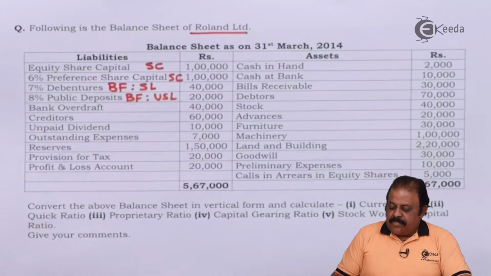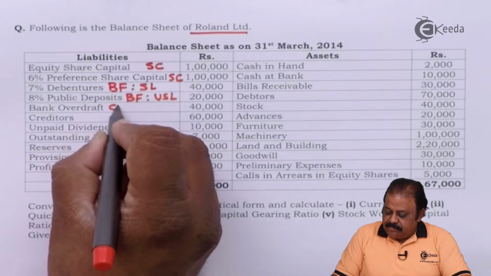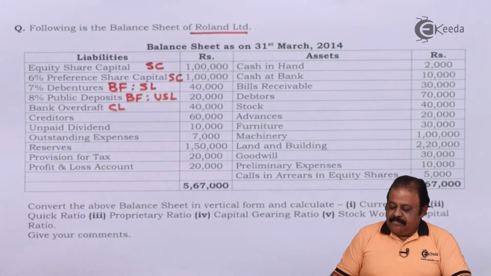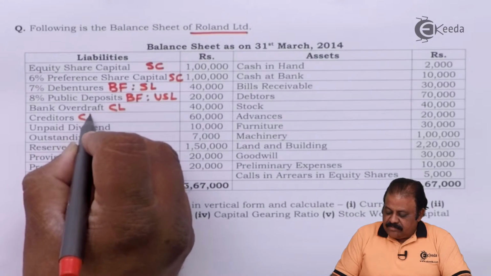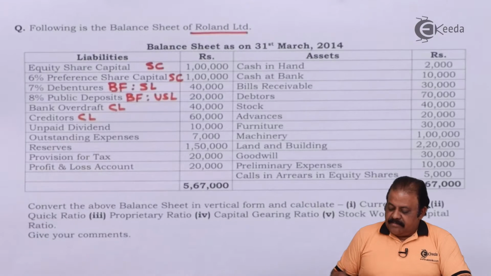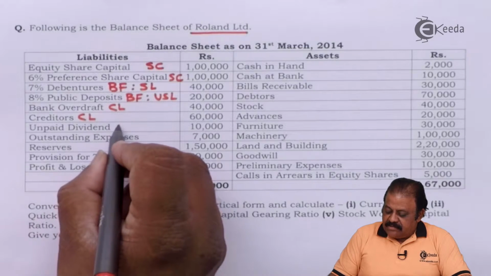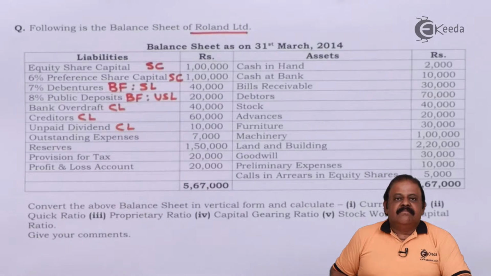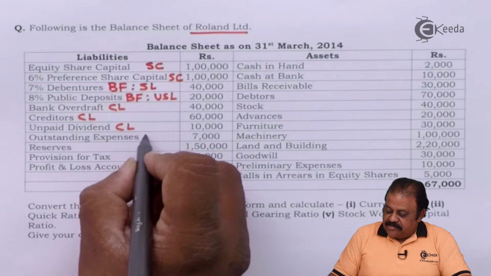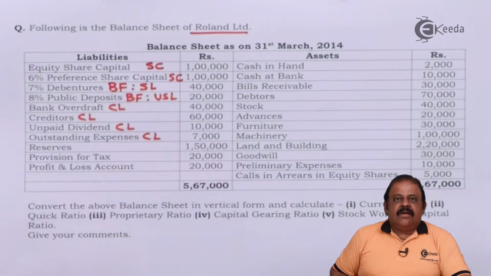Unsecured loan, bank overdraft, current liability. Creditors, current liability. Unpaid dividends, current liability. Outstanding expenses, current liability.